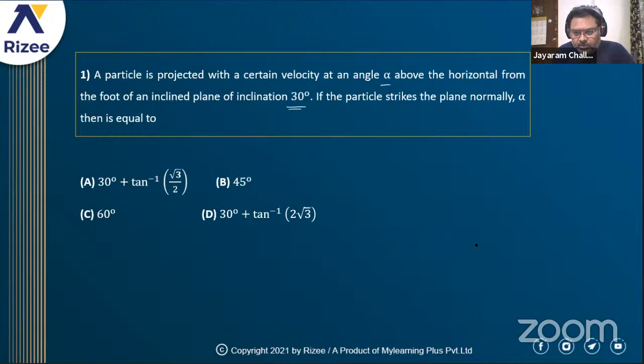So if we try to draw the diagram for this one, consider this as the horizontal, and this is our inclined plane, with an inclination of 30 degrees.